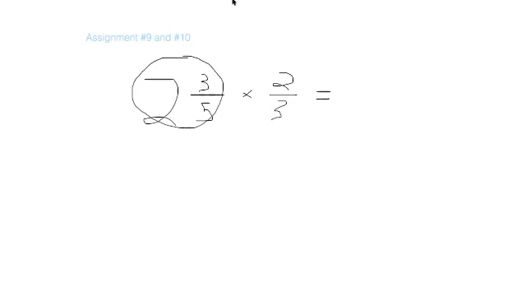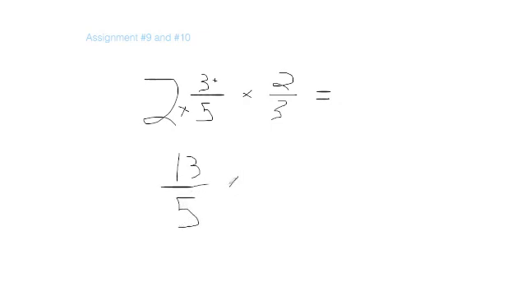So you multiply this big 2 times the 5 down here. So it'll be 2 times 5, which is 10, and then you add this number up here, the 3. So 2 times 5 is 10, and then plus 3 is 13. So now your new fraction is 13/5.